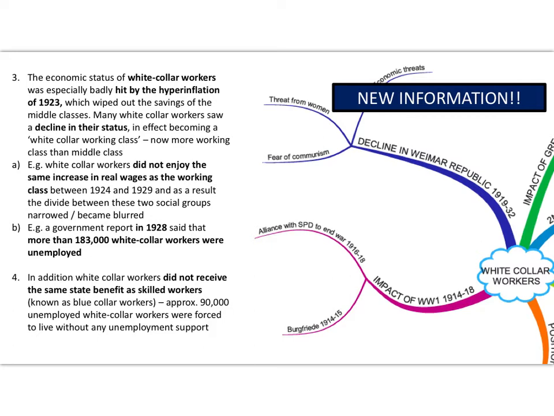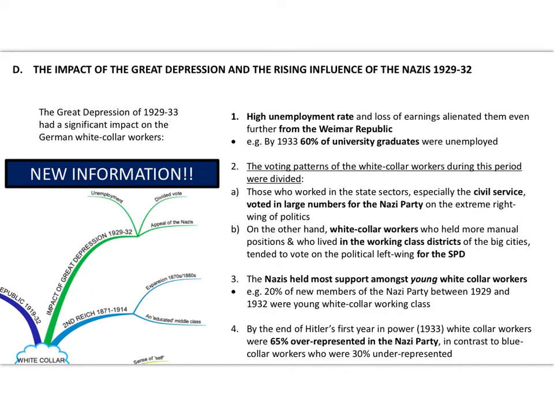They were significantly hit by the hyperinflation because of their loss of savings, and then suddenly almost like a double hit six or seven years later, with the onset of the Great Depression. They were hit again because as businesses closed, they lost their jobs. And the attraction to the Nazi Party.